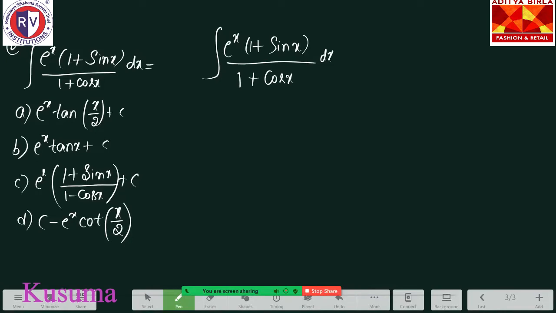What can we do? How can we do that? Here in the denominator, we have 1 plus cos x, not a product of terms.